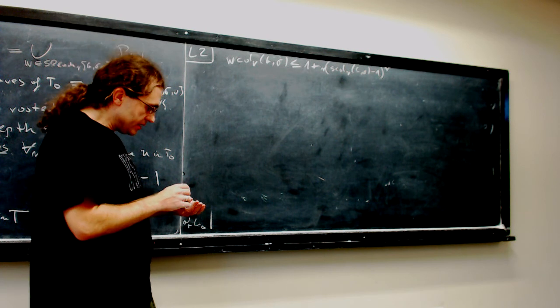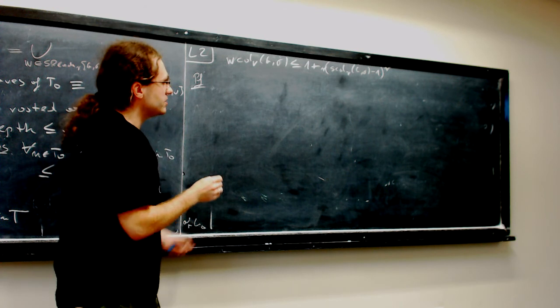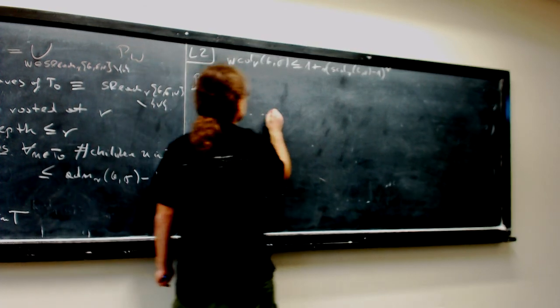What I want, the intuition is as follows. Now let's make the proof, and I will give the intuition out of which many of you can figure out the proof. This is my ordering.